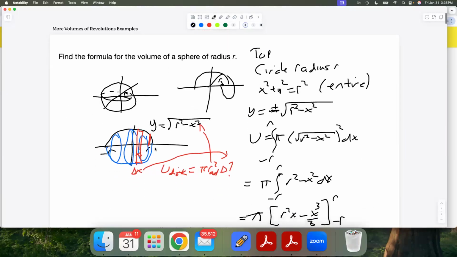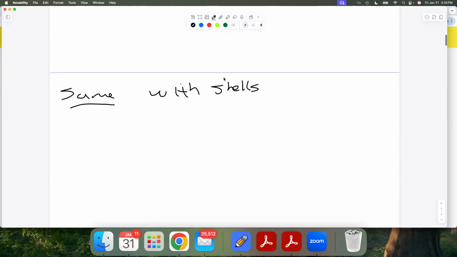If I were going to take the top half here and build shells, I would be going from left to right. Those are going to be kind of ugly. Let's think about this. Let's say we had the same setup.